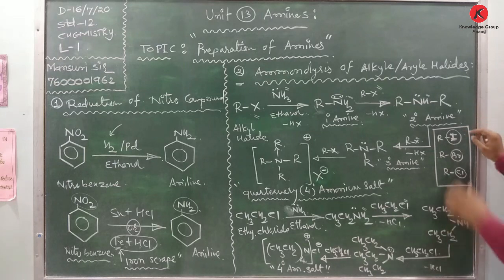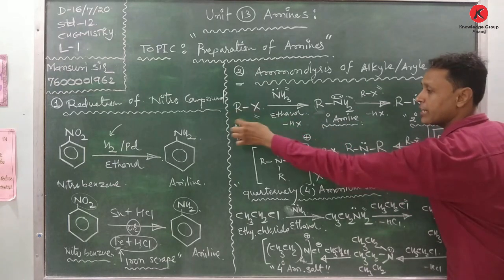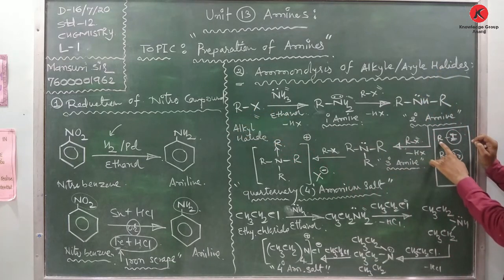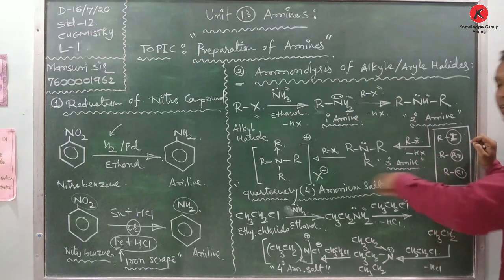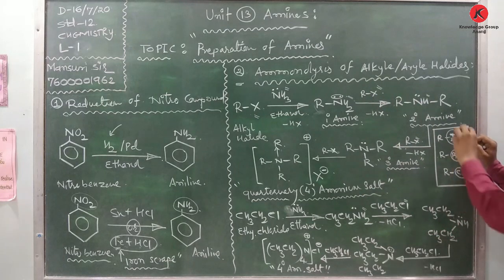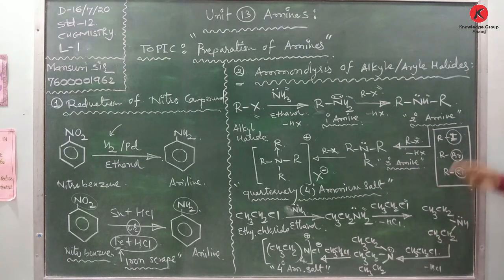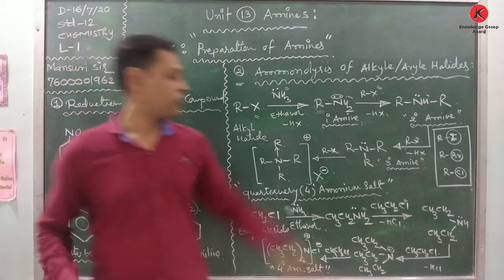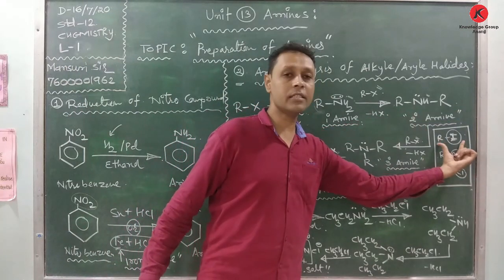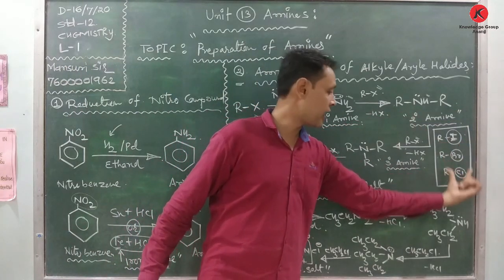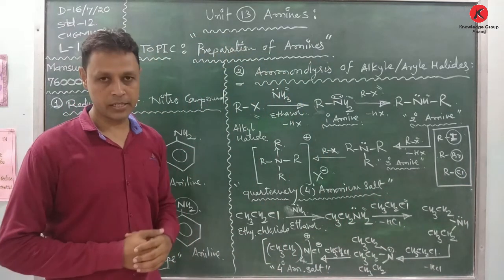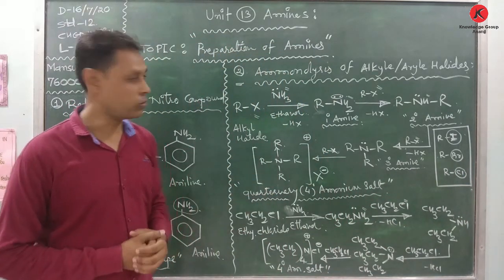Whenever we use RI, the reaction will be very fast because the atomic size of I is more than Br and Cl. So the order of reactivity of halide: RI will be more and RCl will be less. This is how by ammonolysis we can obtain amine compounds.